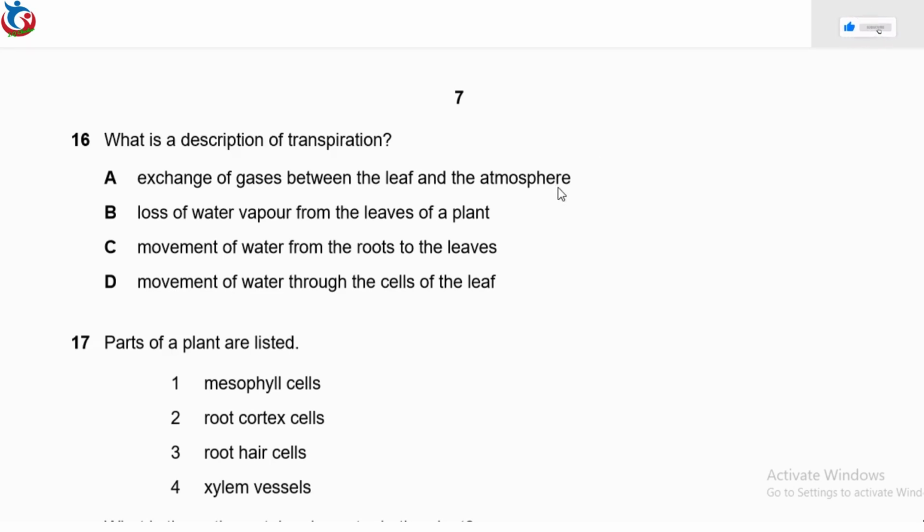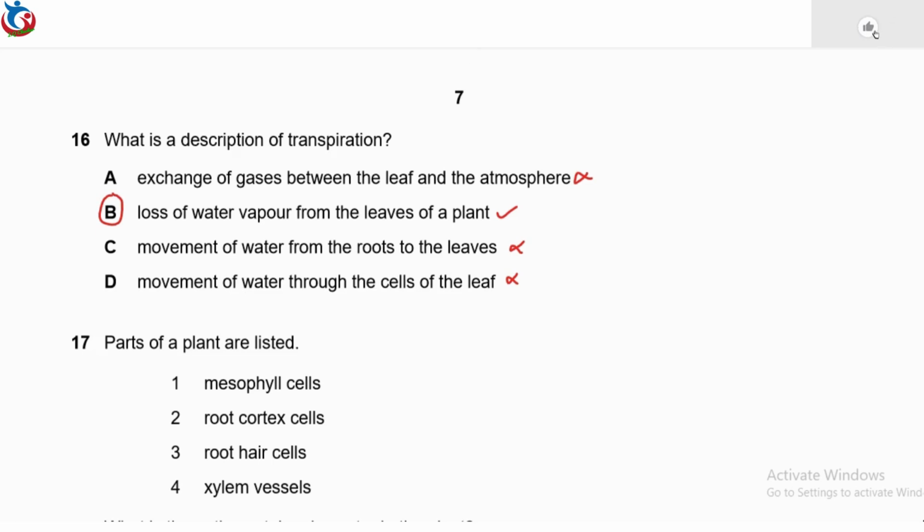So it is not exchange of gases. Okay? It is not movement of water from the roots to the leaves. It is not movement of water through the cells of the leaf, but rather the loss of water vapor from the leaves of a plant. So that makes option B our correct answer.